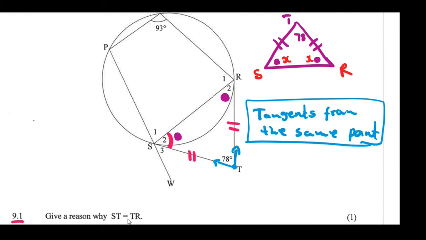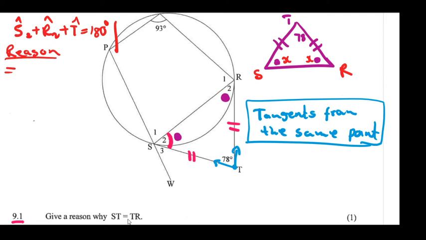For us to identify S2, we can simply say angle S2 plus angle R2 plus angle T is equal to 180 degrees. So your reason is what? Your reason, let me just write here, would be the sum of angles of a triangle, right?